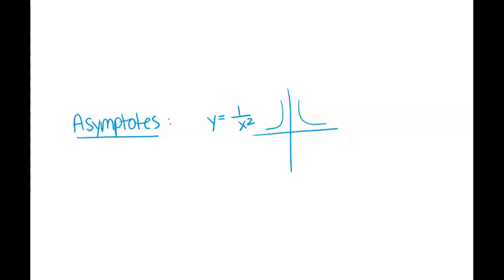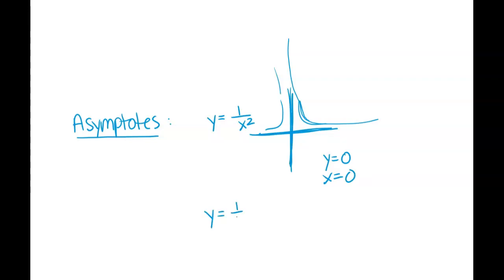So this is approaching the y-axis there. It's getting infinitely close to the y-axis, infinitely close to the x-axis, same on the other side. So the asymptotes for this one are going to be y equals 0, which is the x-axis, and x equals 0, which is the y-axis.